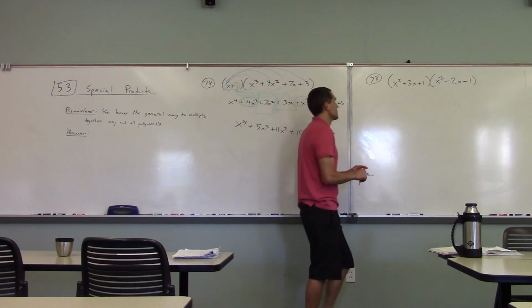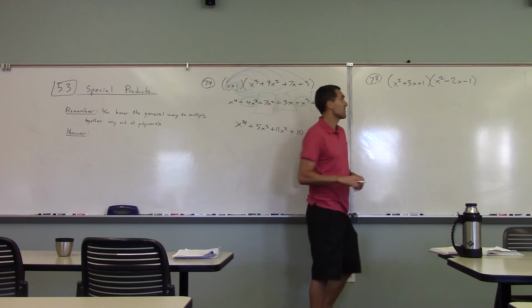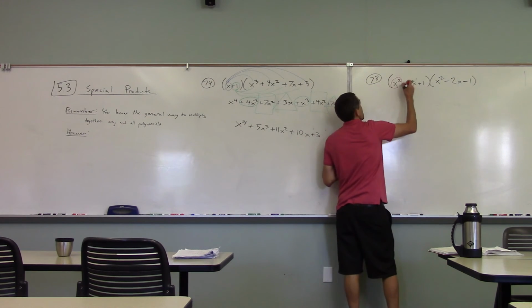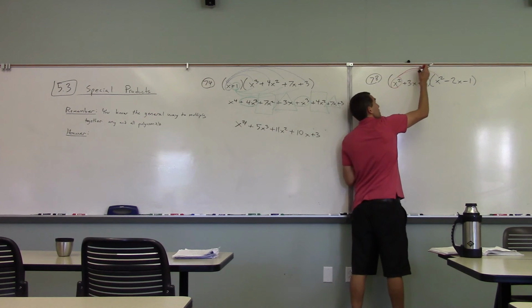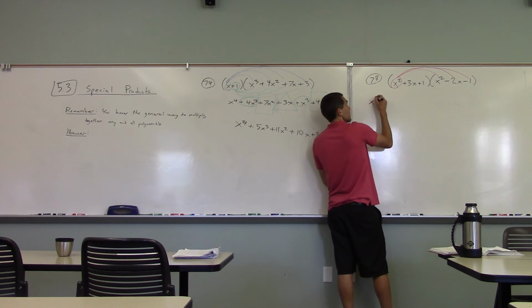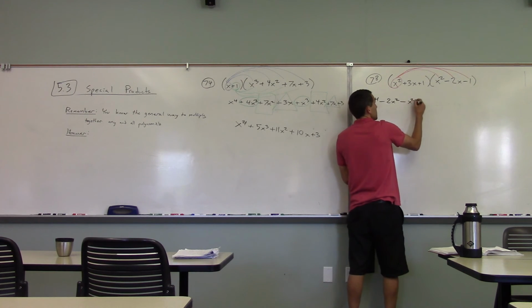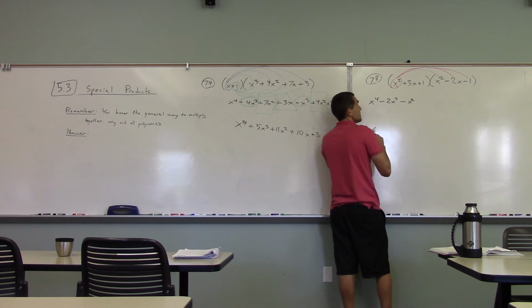The x squared with the x squared, and then x squared with negative 2x, and then x squared with negative 1. So we get x to the fourth minus 2x cubed minus x squared.